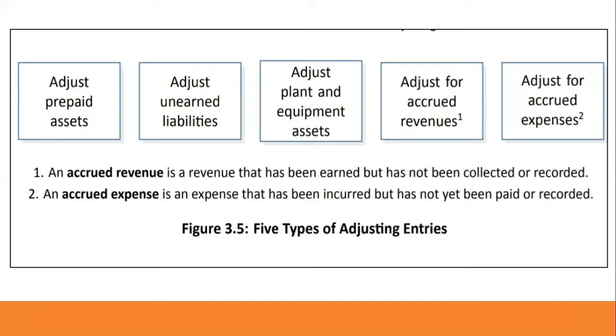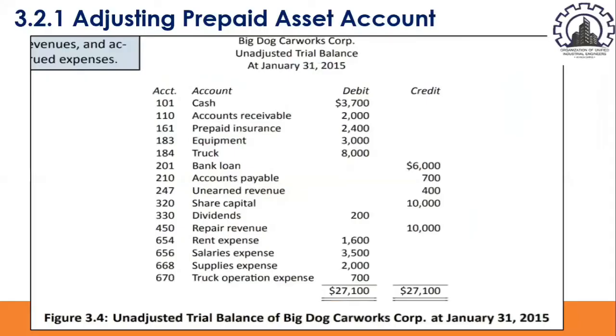Okay. Now, we have to be reminded that an asset or liability account requiring adjustment at the end of an accounting period is referred to as a mixed account because it includes both a balance sheet portion and an income statement portion as well. Now, the income statement portion must be removed from the account by an adjusting entry.